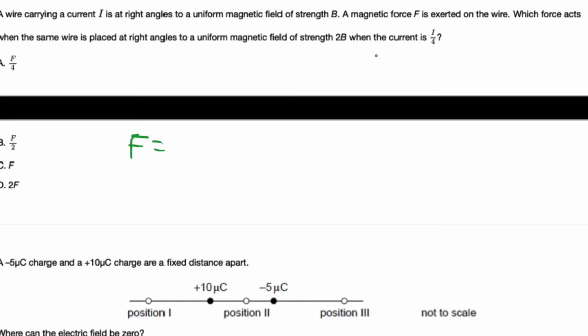So force from here, F is going to be equal to current times length times B field times sine 90 degrees, which is equal to 1, so it's equal to ILB.